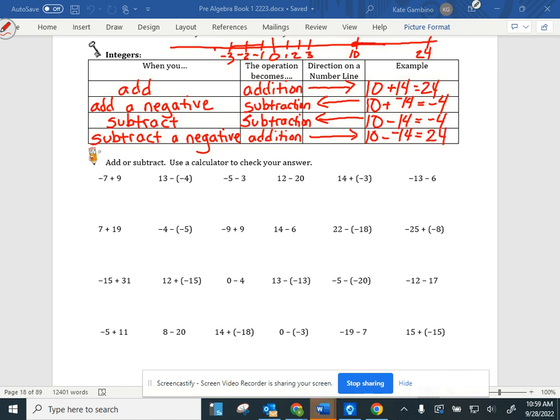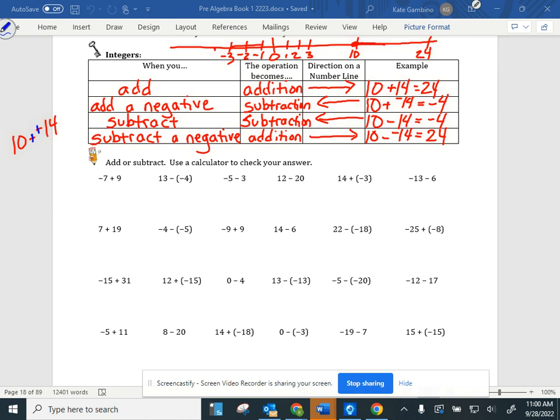Because when we subtract a negative, here's how I always make it look. So 10 minus negative 14, what I do to that is I say, okay, I'm adding a positive. If you subtract a negative, it's the same as adding a positive. So if you subtract a negative, you add the positive. So subtracting your negative, you're adding, and you're going to the right.